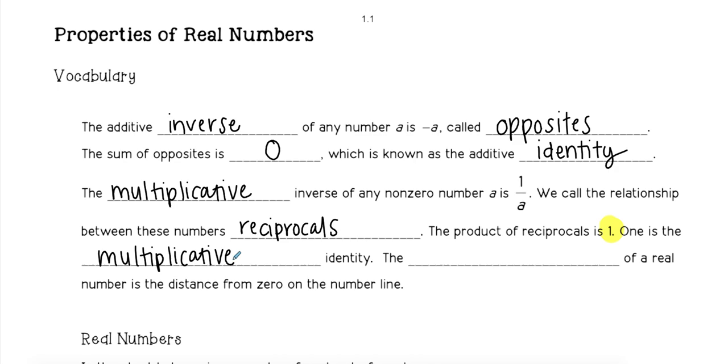The last one we're going to talk about here is the blank of a real number is the distance. Keyword distance. Let's go ahead and highlight that. The distance from 0. You guys, hopefully in your heads, are answering this. Whenever we talk about a distance from 0, we're talking about its absolute value.